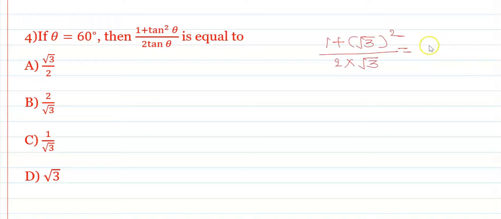Here 1 plus 3 upon 2 root 3, that is 4 upon 2 root 3, and then you will get 2 upon root 3. 2 upon root 3 means that option B is the correct one.